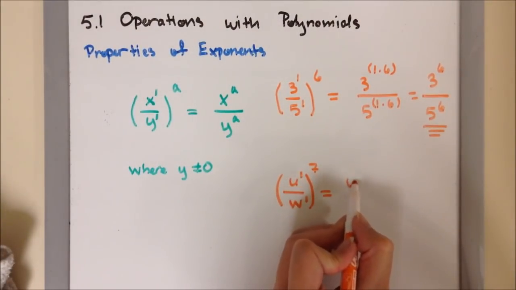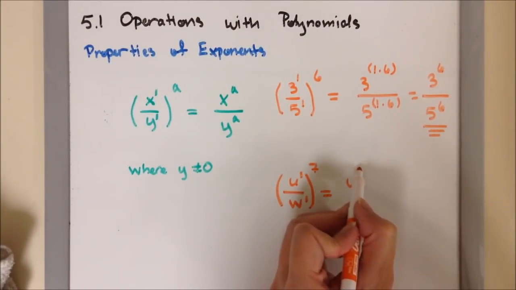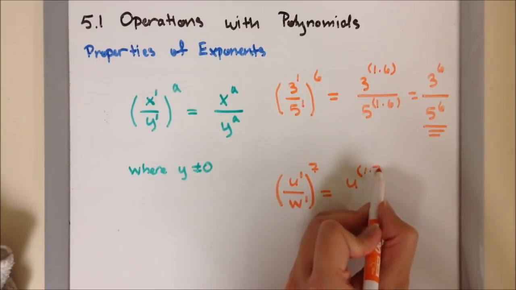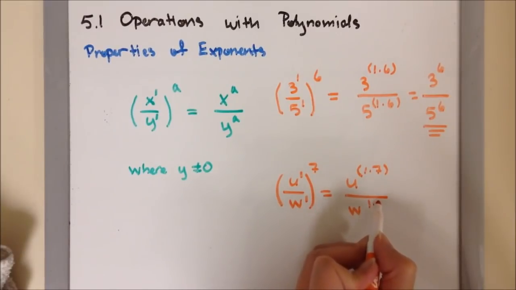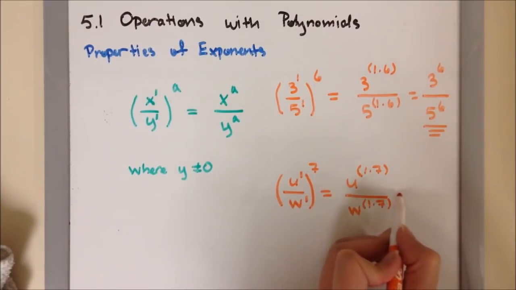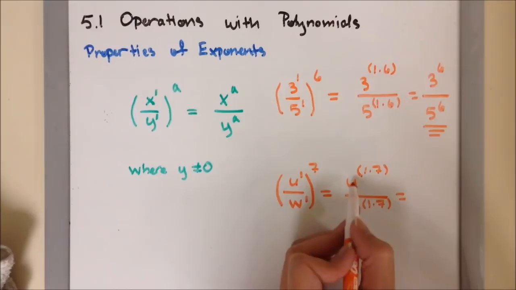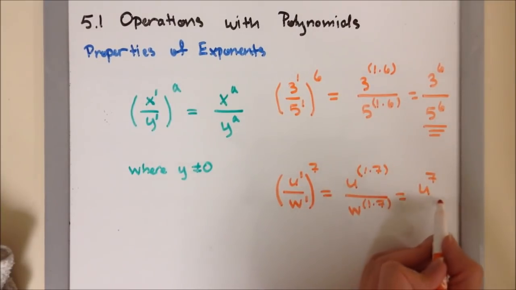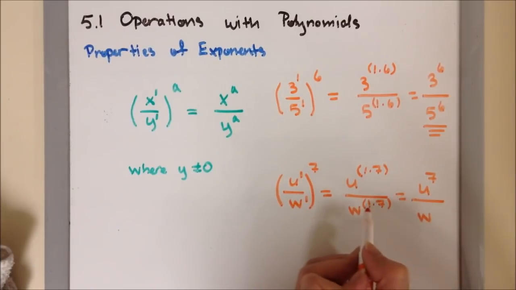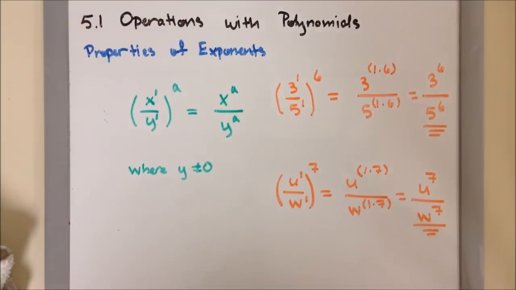So it's going to be u, where for the exponent, 1 times 7, over w, 1 times 7 also. So in my numerator, it will be u to the 7th power over w to the 7th power, because 1 times 7 is 7. And this is my final answer.